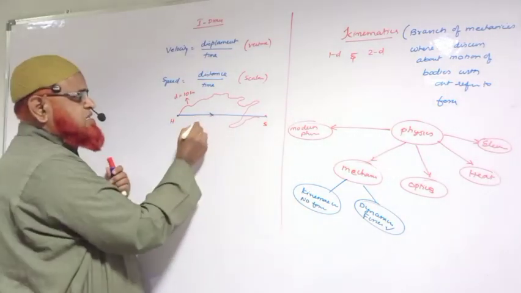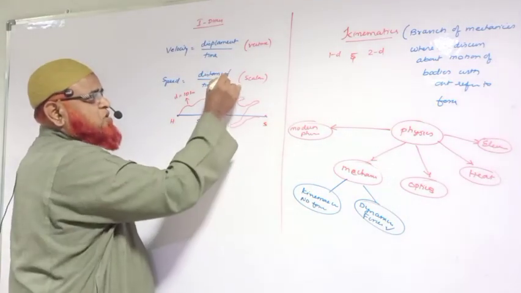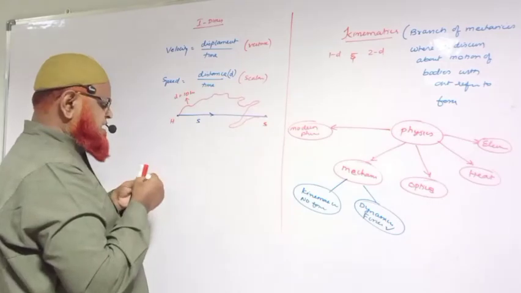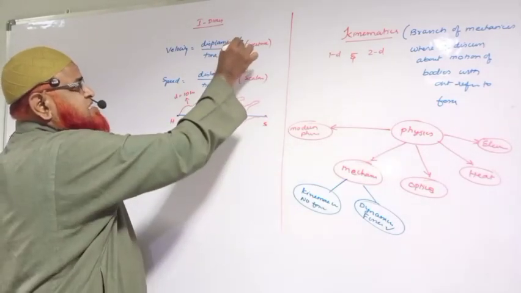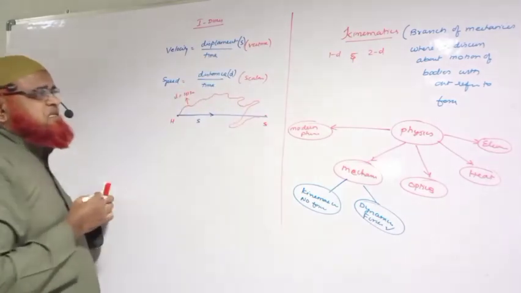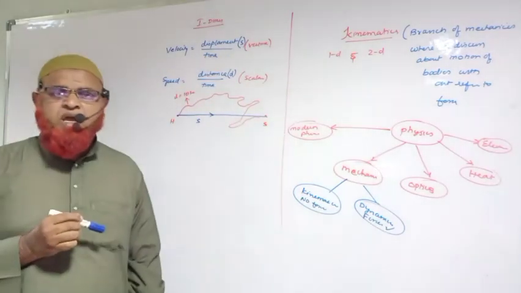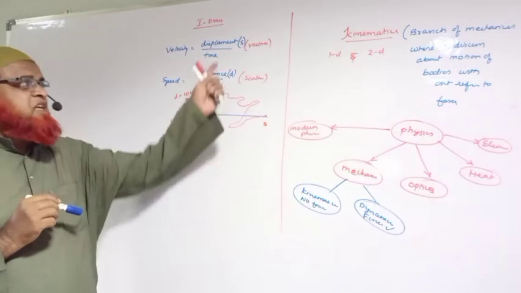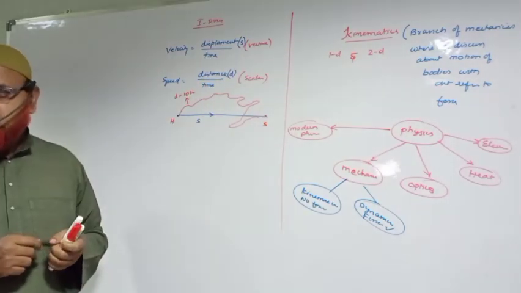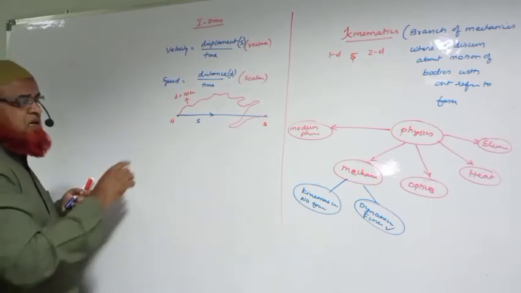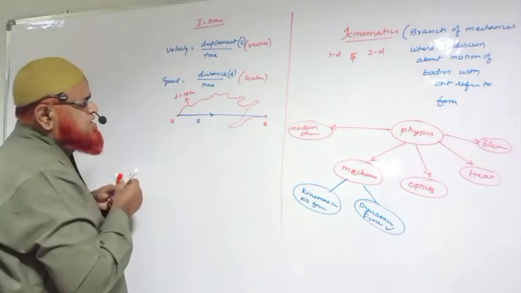And that's why this is called displacement. Distance is referred to with the letter D, whereas displacement is referred to with a small s. Displacement is given with S and distance is given with D here. So this is the displacement here. How much is the displacement going to be?